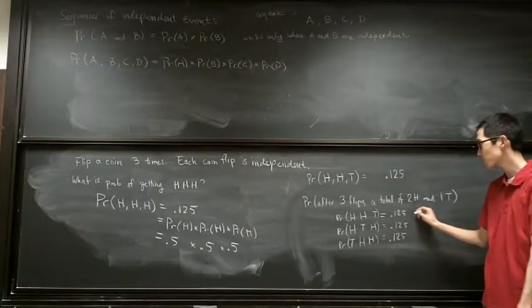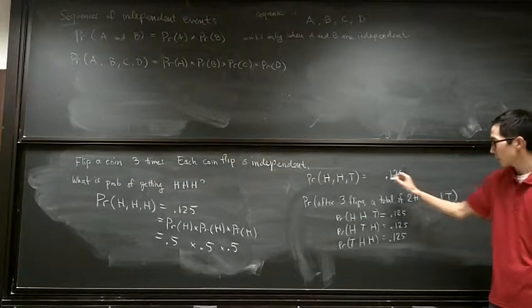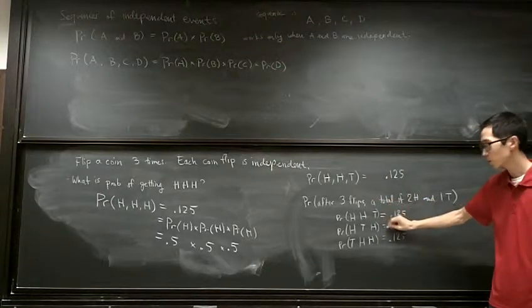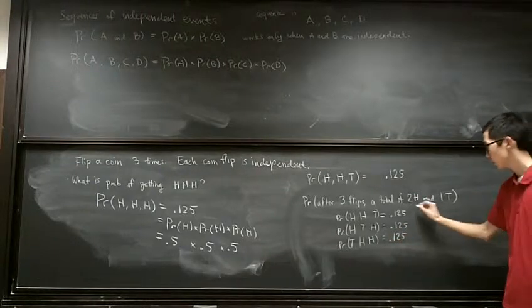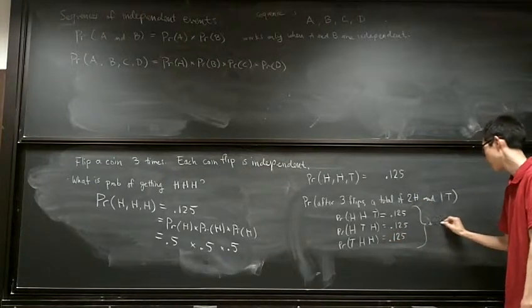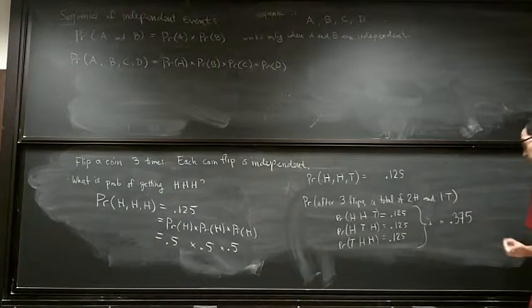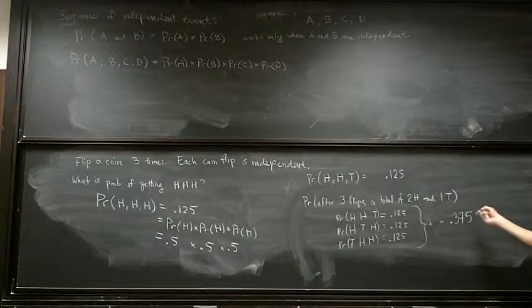So 3 flips where we get a total of 2 heads and 1 tail is this, or this, or this. I'm going to add these 3 together, and I get 0.375. That's the probability of getting a total of 2 heads and 1 tail after 3 flips, but not necessarily in that order.